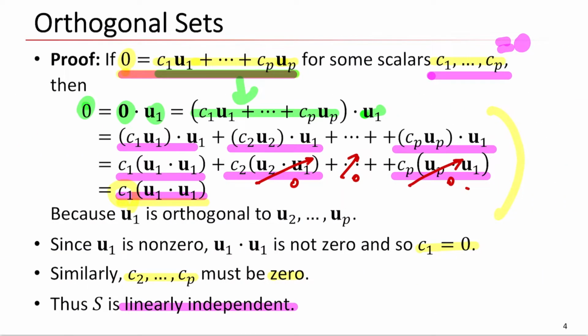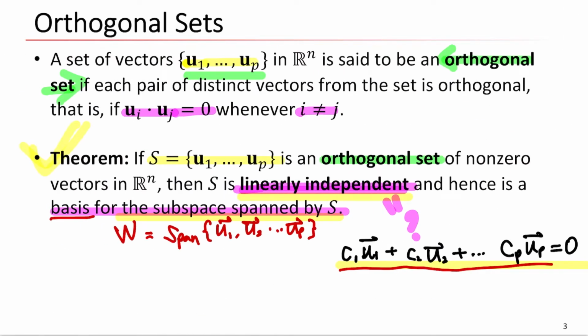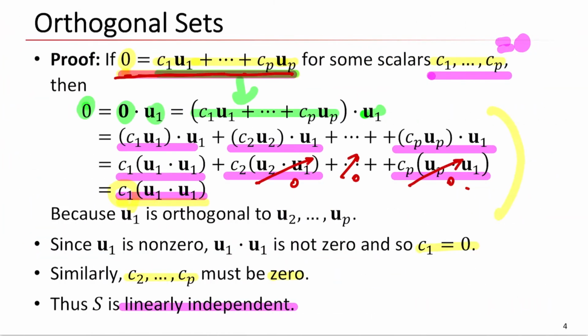So how can I prove this? We can represent this something like this, because this is the linear independence, right? When we compute the inner product between this one and vector u1, we finally get this.